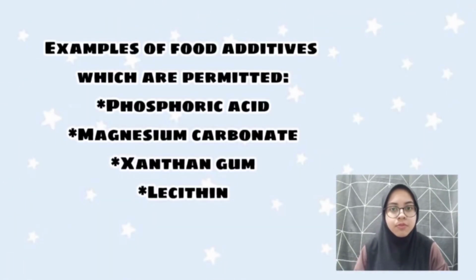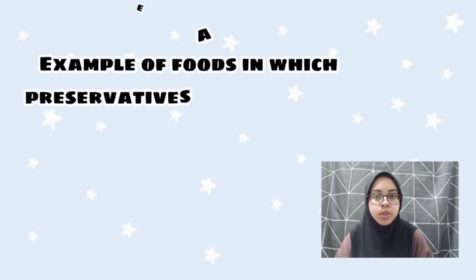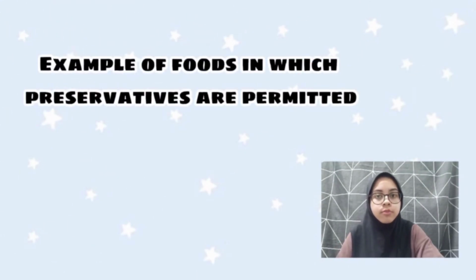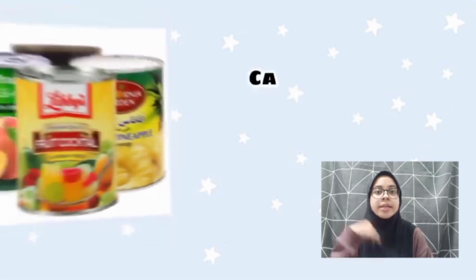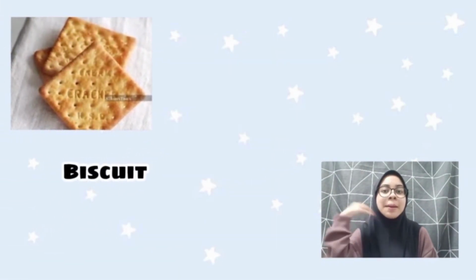Examples of food additives which are permitted for food conditioner are magnesium carbonate, lecithin, xanthan gum, and lastly sulfuric acid. Examples of food in which preservatives are allowed for food conditioner are canned fruits, chocolate, and lastly biscuit.